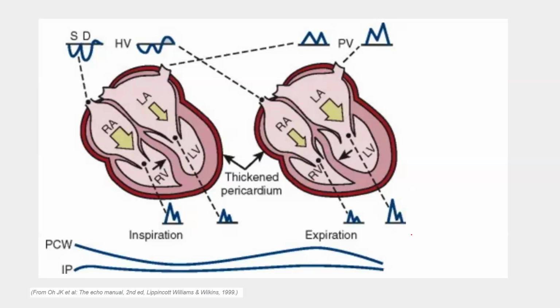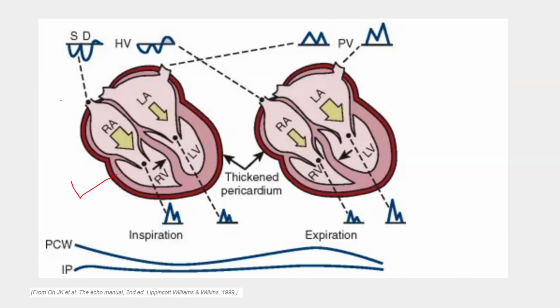This is a famous schematic about the interventricular interdependence in tamponade and in constriction. So what I want you to see in here is, let's take this phase, and I want you to focus carefully with me here. During inspiration, what happens?